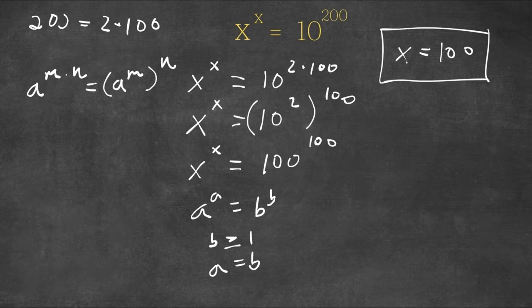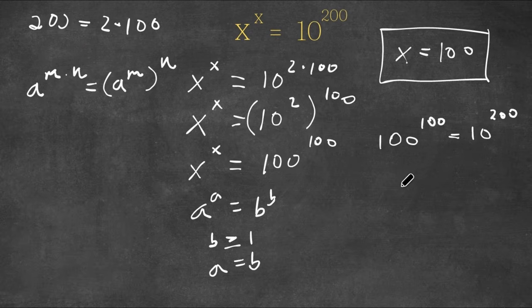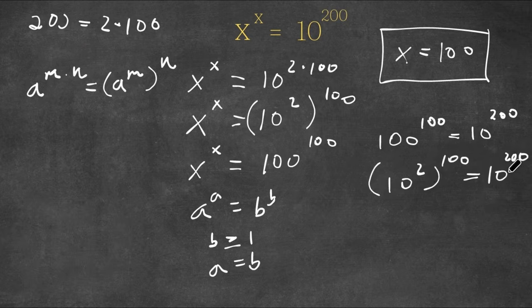Now I'm going to go ahead and plug this in and see if it's right. So we have 100 to the power of 100 is equal to 10 to the power of 200. Now, 100, this is the same thing as 10 squared, right? So now I have 10 squared to the power of 100 is equal to 10 to the power of 200.